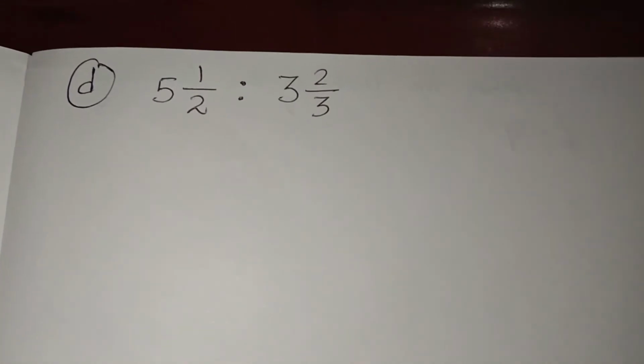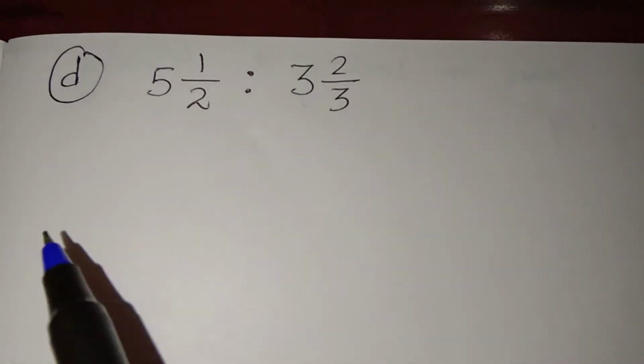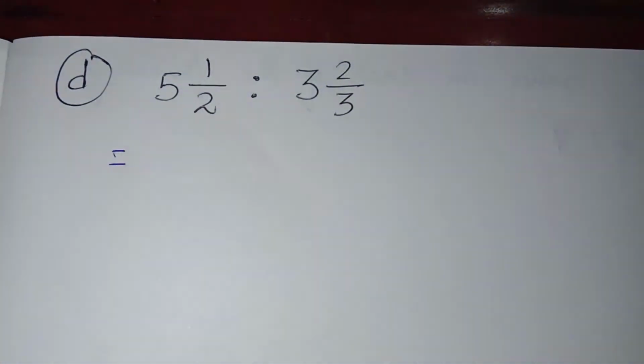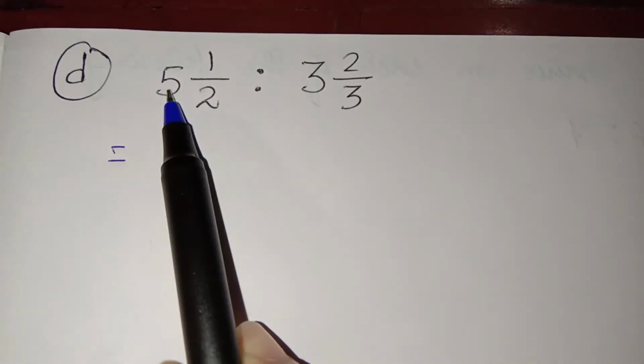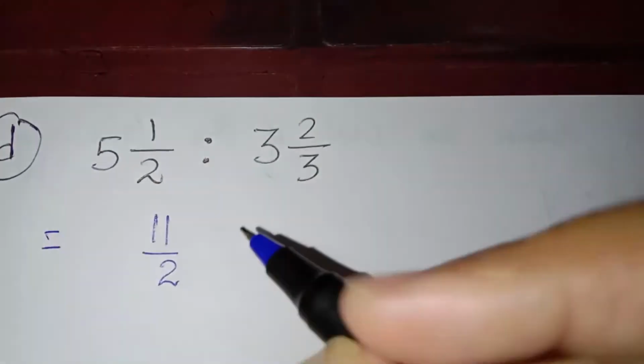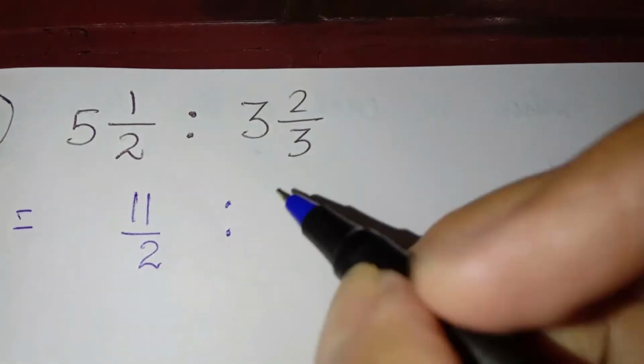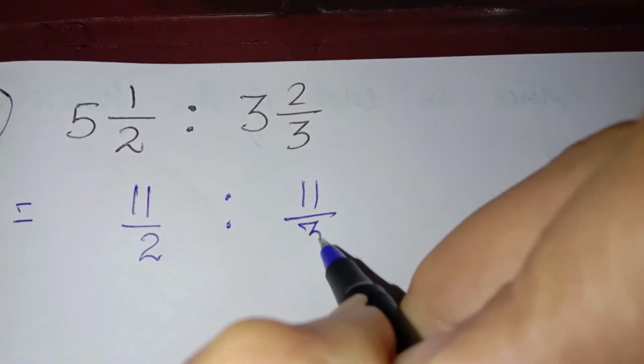Now next is 5 1 by 2 is to 3 2 by 3. So both are mixed fractions. So we have to convert into improper fraction first. 2 5s are 10 plus 1, 11. 11 by 2. Divided by 3 3s are 9, 9 plus 2, 11. 11 by 3.